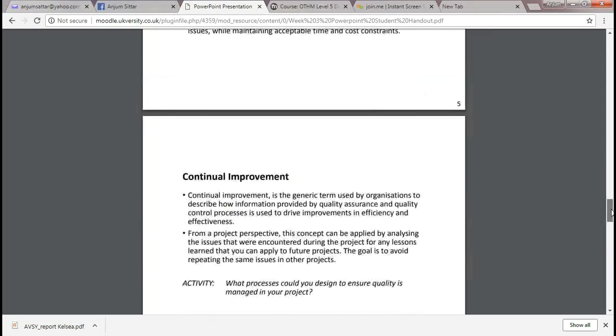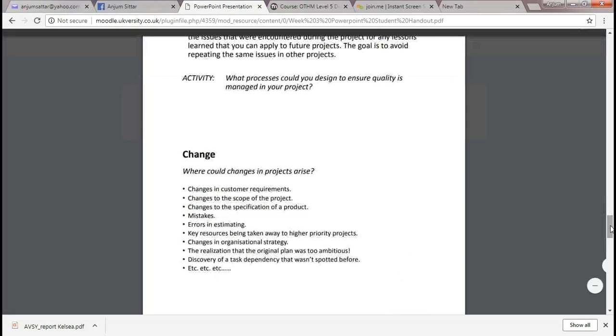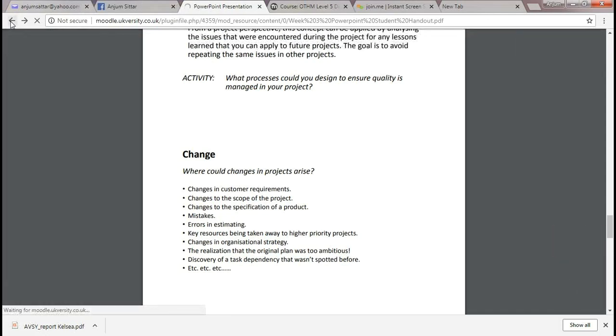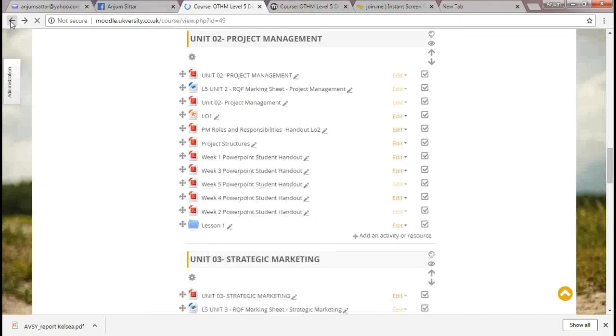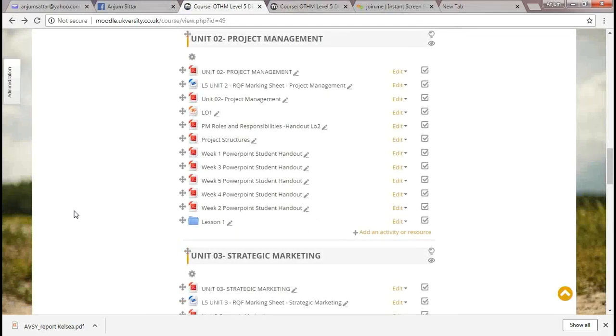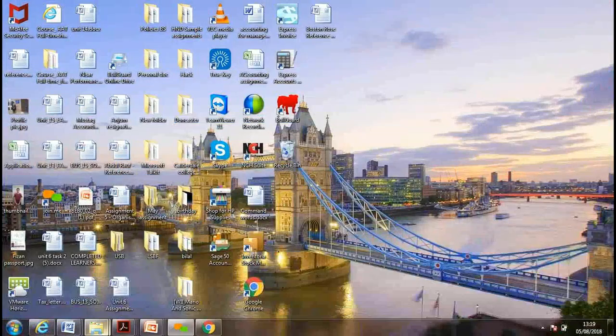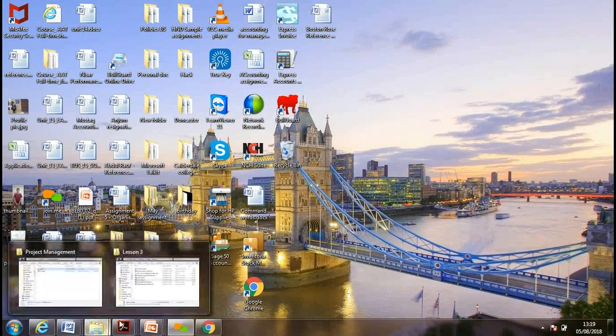That's the link to the little pieces within our learning outcome, so we can pick it. Change is where we add a change in the customer's requirement, so we can make the change as well. When you do the assignment, please go through these. I'll upload them, plus I'm going to send you a lot of other information, especially a few books I'm going to upload as well.